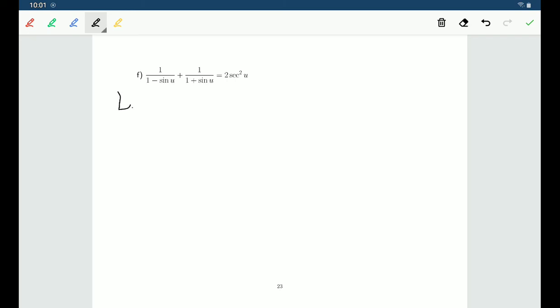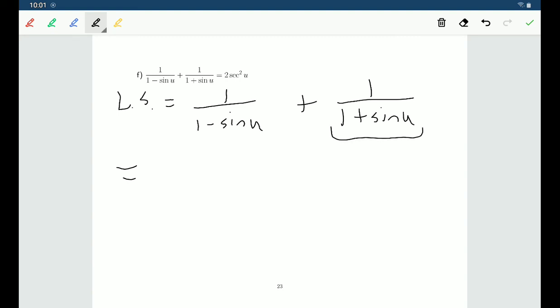I'll start with the left side. So 1 minus sine u over 1 plus sine u. And I'm going to make a common denominator, and I'll do that by, for the first expression, top and bottom multiplying it by 1 plus sine u.